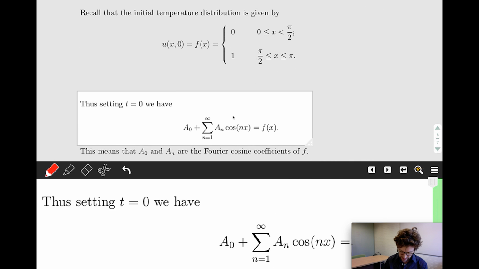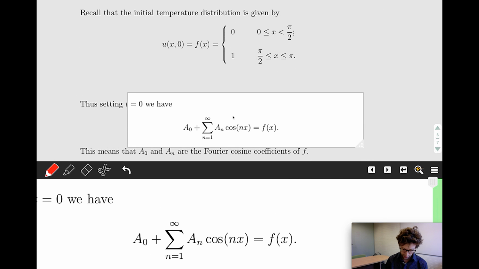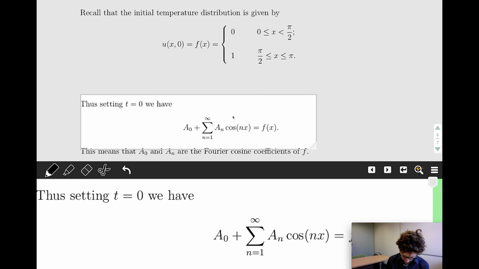So if I set t is equal to 0 in my solution for u of x and t, we end up finding a0 plus the sum of an cosine nx e to the 0. So e to the 0 is just 1. And that has to be the same thing as f of x.